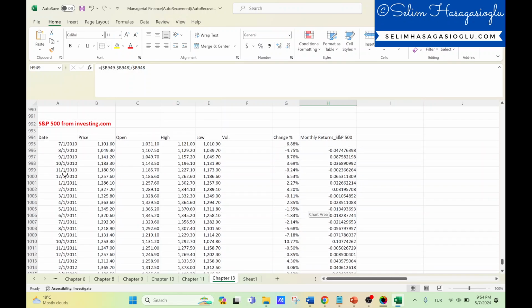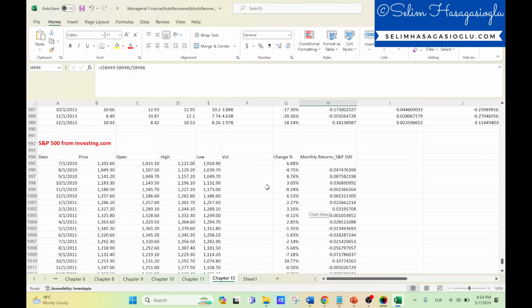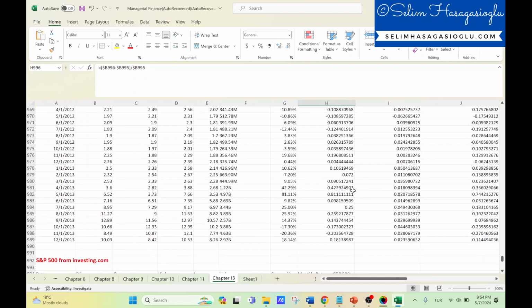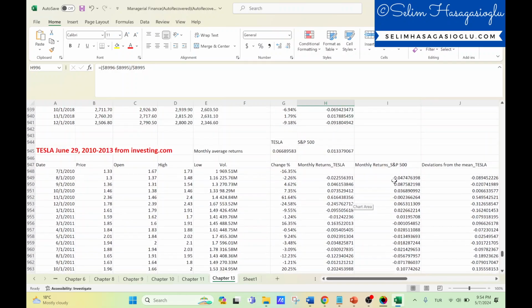Do the sorting starting from 2010 and ending at 2013. Calculate the monthly returns, even though investing.com actually calculates these values for you. In order to be sure 100%, I did the calculations, and these values were transferred to this column.